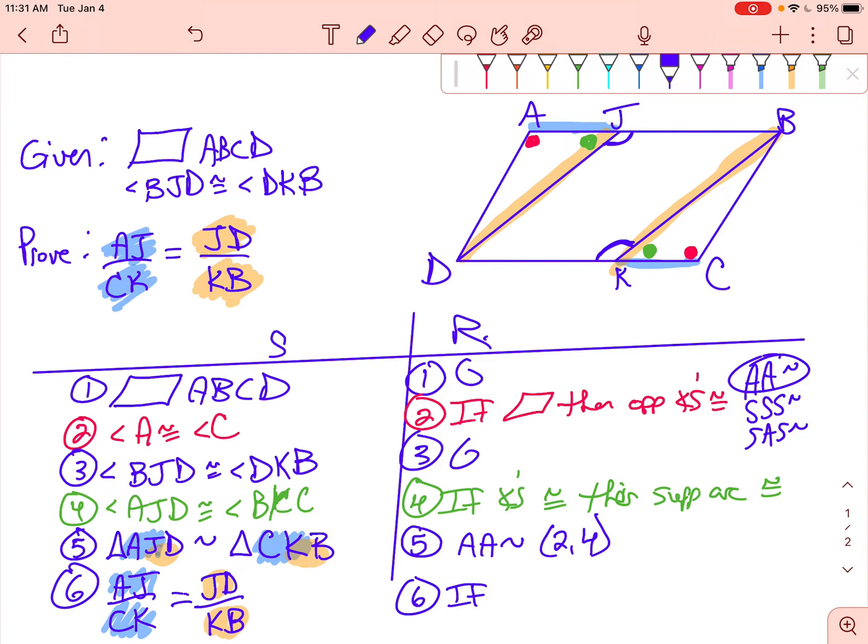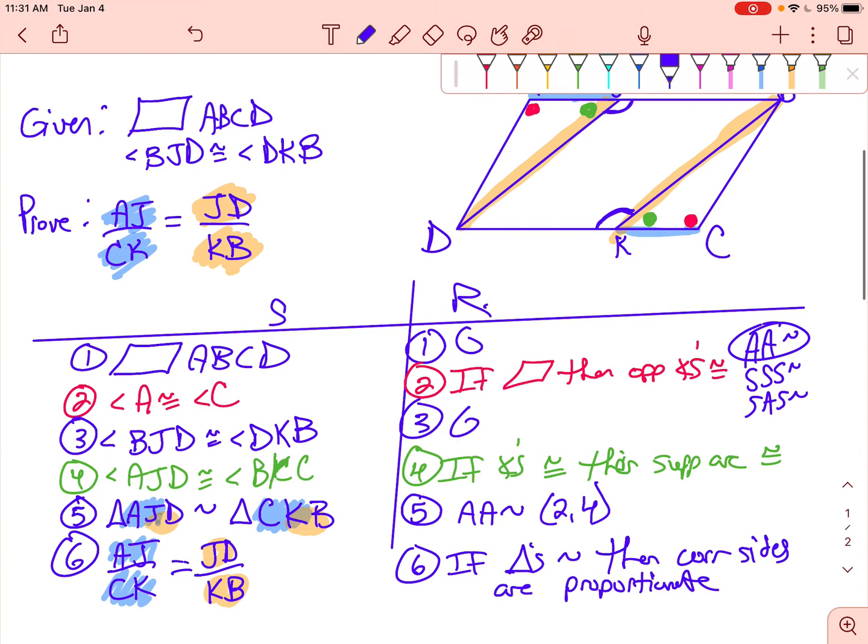So if triangles are similar, then corresponding sides are proportionate. Because those triangles are similar to each other, I know that the sides have to be proportionate.